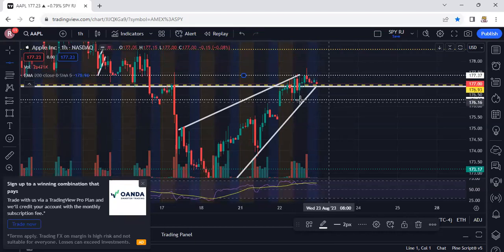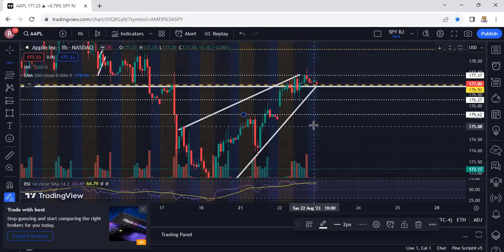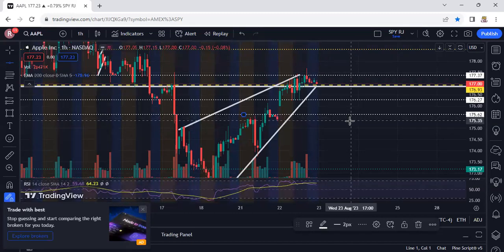But for an explosive move down, I would look to enter under 176.27. From that point, we can start coming down, right? So from a level standpoint, if I'm looking for some levels right here, you could possibly plot that one, which is at 175.62.